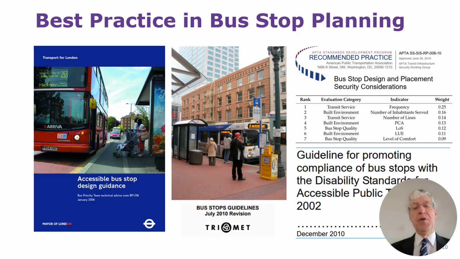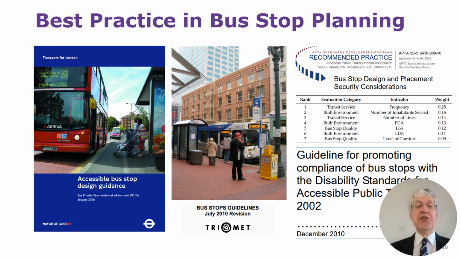safe, accessible bus stops. This includes accessible bus stop design guidance from Transport for London in the United Kingdom, released in 2006. Several U.S. transit agencies, such as TriMet in Portland, Oregon, with the Comprehensive Bus Stop Guidelines Manual revised in 2010.